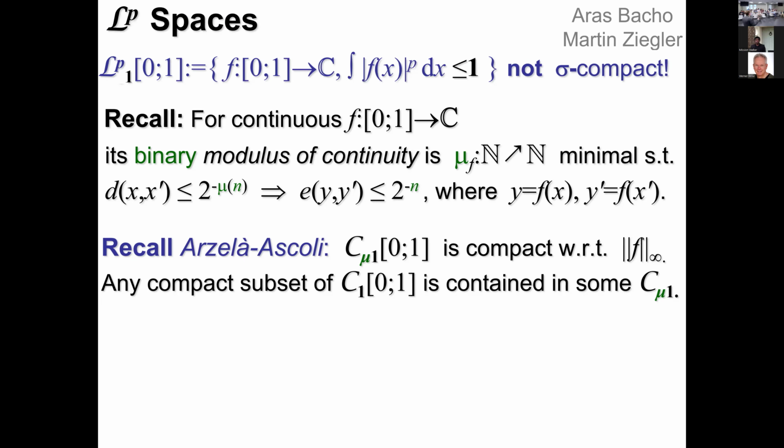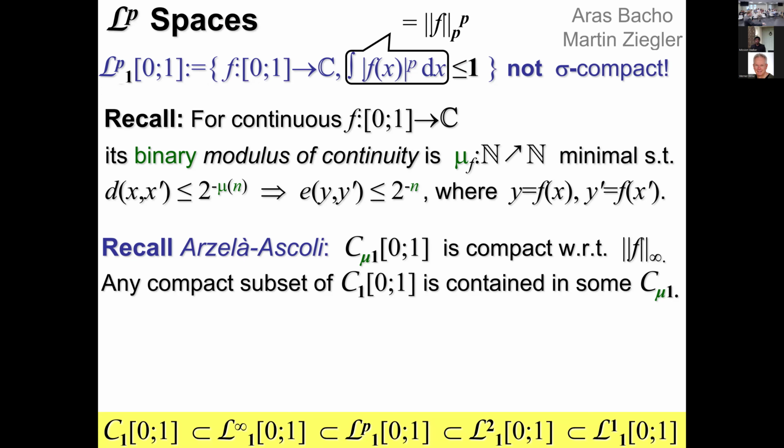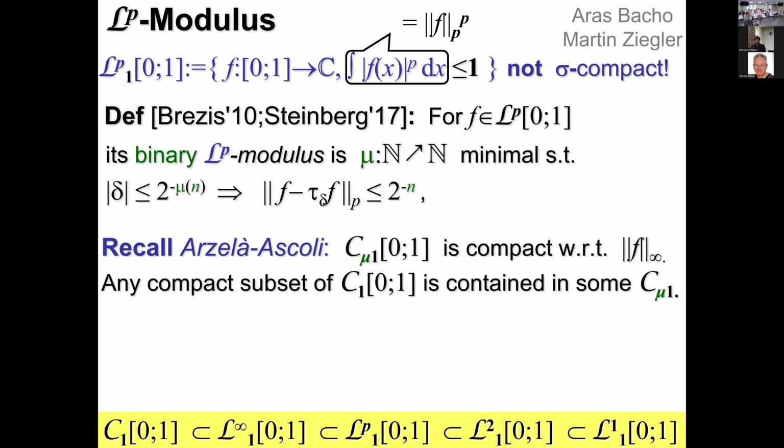Lp spaces are also not sigma compact. The way to generalize here is to see the hierarchy of Lp spaces, which contains the space of continuous functions, and the common parameterization, due to the textbook of Pérez and my former PhD student Florian, is the use of the Lp modulus.